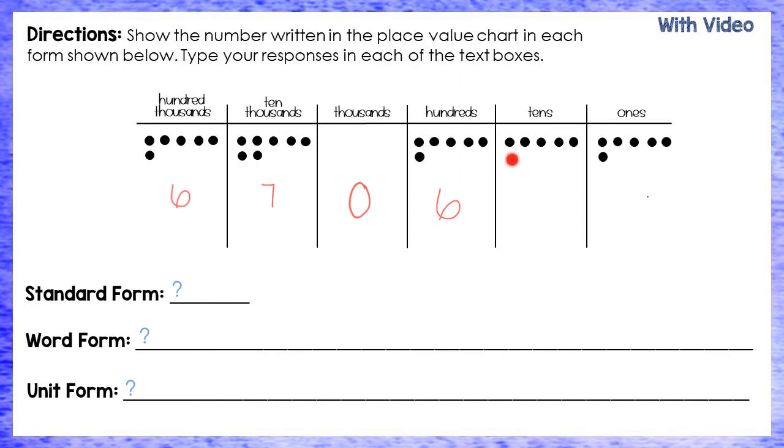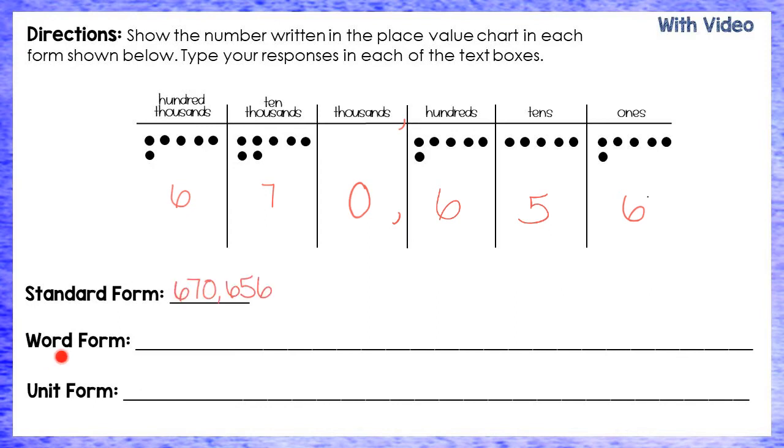How many are represented in the tens? There are 5. How many are represented in the ones? There are 6, and our comma always goes between the hundreds and the thousands. So in standard form, we have the number 670,656. Go ahead and type that into standard form.